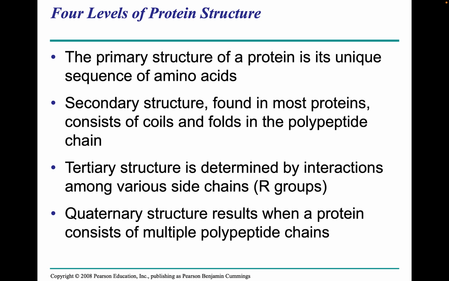And this is the result of hydrogen bonding in many cases. In some cases covalent bonds are affected, but in many cases it's hydrogen bonding between the atom attached to the nitrogen atom and the oxygen atom of the nearby peptide bond.